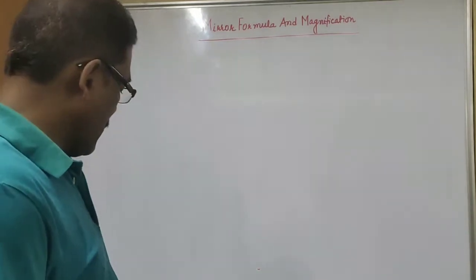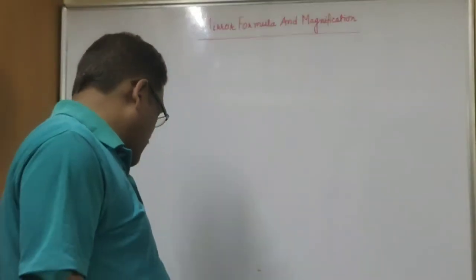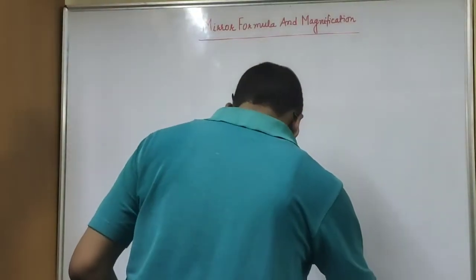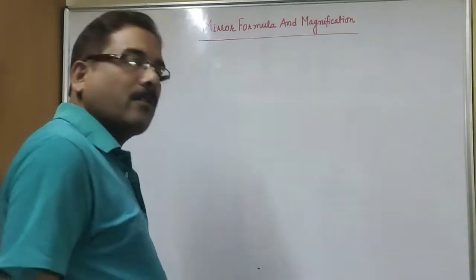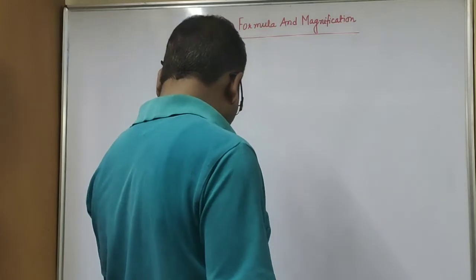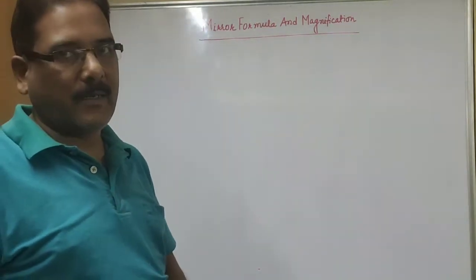So the first question which I gave in the last class was: find the size, nature and position of image formed when an object of size 1 centimeter is placed at a distance of 15 centimeter from a concave mirror of focal length 10 centimeter.